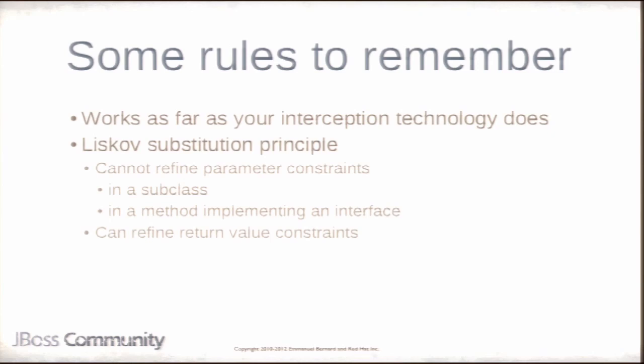So the parameters cannot be more constraining than the interface. Likewise, on the return value, it's sort of the opposite, because I can get any return value that is as constrained as defined by the interface. It could be more constrained. I'm okay because I'm receiving the value, so I don't care. But it cannot be less constrained because I'm expecting that, right? So it's the same principle you use in subclassing, just we apply it for bean validation here.